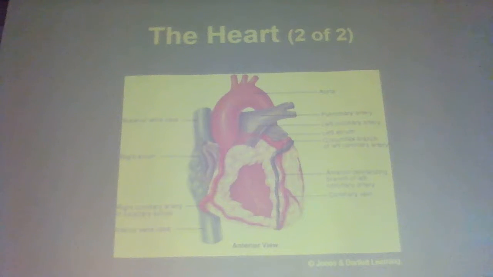What important electrical anatomy lives in the septum? Bundles, your bundle branches. Okay? It provides blood flow to the anterior portion of the left ventricle. It provides the other 40% of the SA, and the other 60% of the AV.